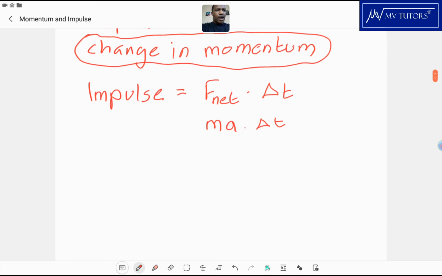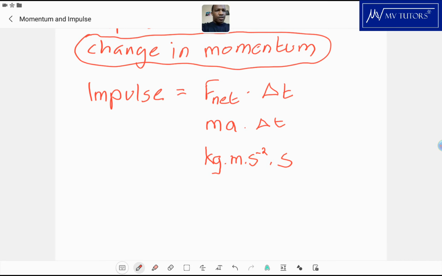If we look at it further, mass times acceleration: mass is given in kg. Acceleration is in meters per second squared. And time is in seconds.